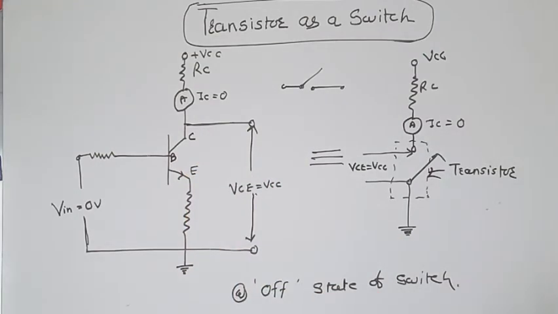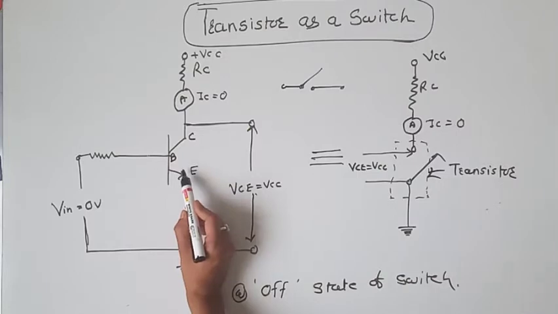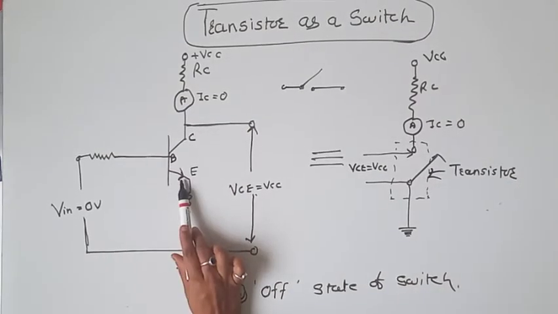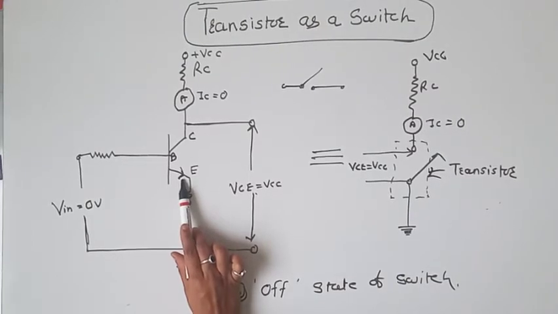Secondly, we have to identify the type of transistor. You know that there are 2 types of transistor, PNP transistor and NPN transistor. How to identify that? You must see the arrowhead.